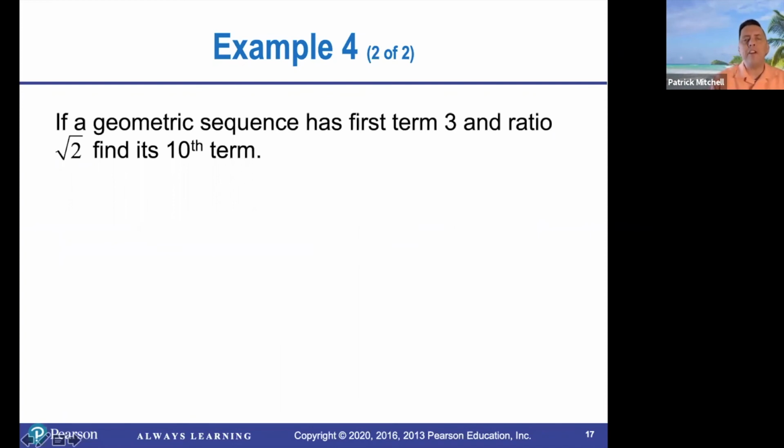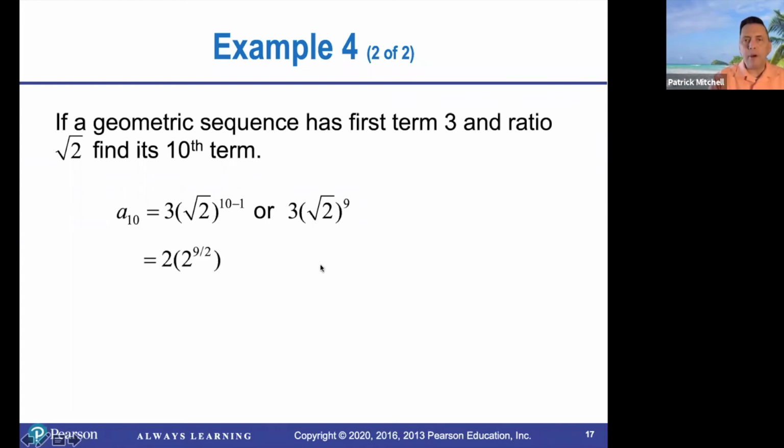If a geometric sequence has first term 3 and common ratio square root of 2, let's find the 10th term. So using that same formula that I just scribbled down on the previous slide, the 10th term would be 3 times the square root of 2 to the power 10 minus 1, which is 3 times the square root of 2 to the power 9.